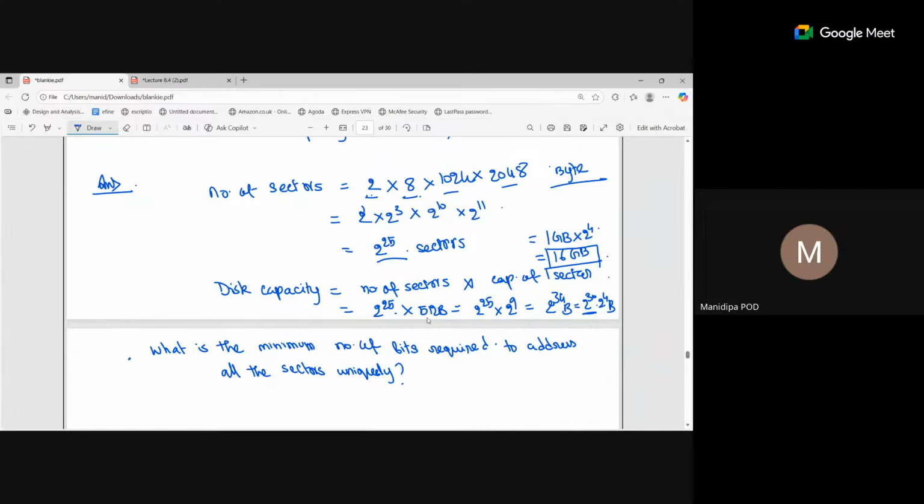Not maximum, that was wrong. From this same question, if I ask this part question, how many bits do I need to address all 2 power 25 sectors uniquely? So what should be the answer?